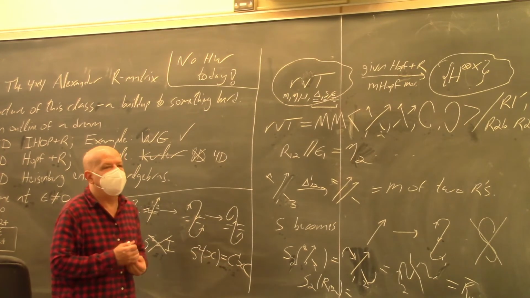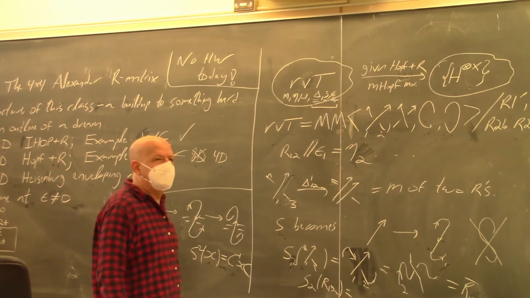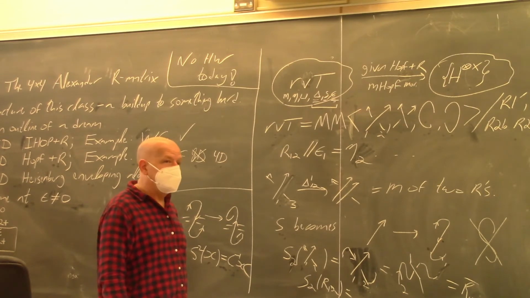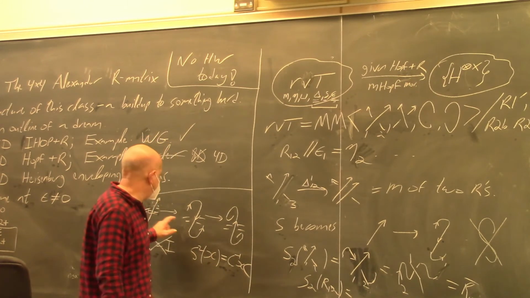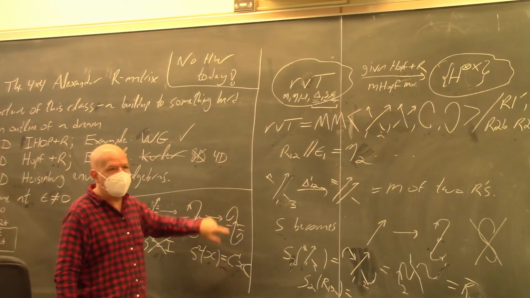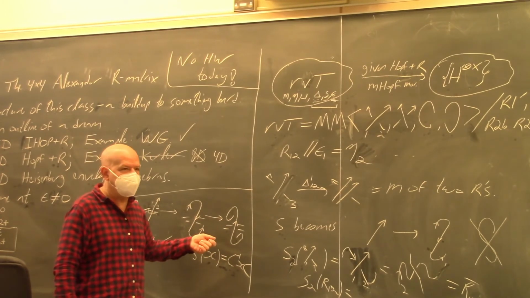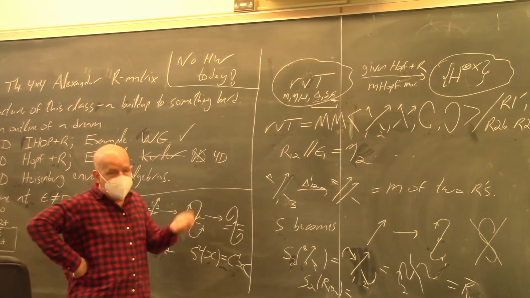You crossed out the S squared equals I. No, when you apply S squared to a strand, it becomes a strand with a curl at the top and a curl at the bottom, or a rotation at the top and a rotation at the bottom, and rotations are not trivial.